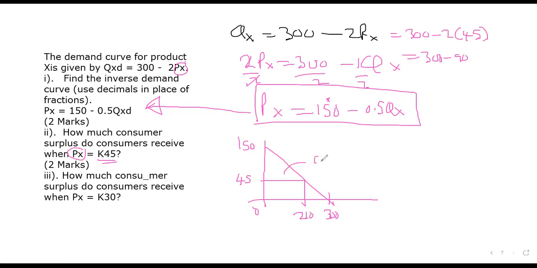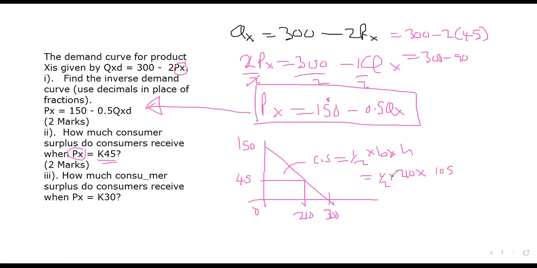So this is now the consumer surplus. This consumer surplus is therefore going to be computed. So the base is 210. The height is from here to here. What is the height? 150 minus 45. 105. 105.